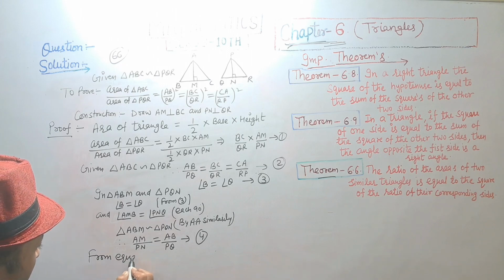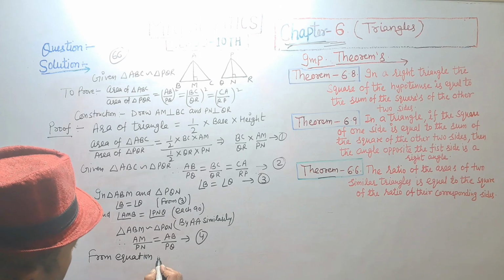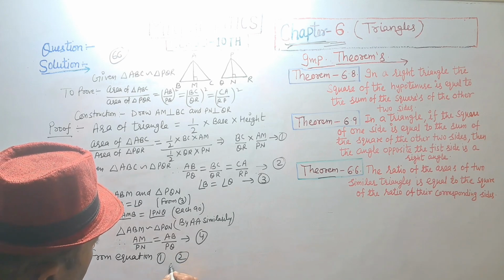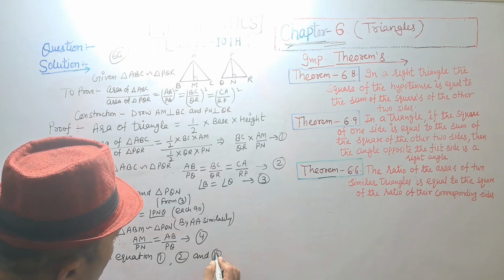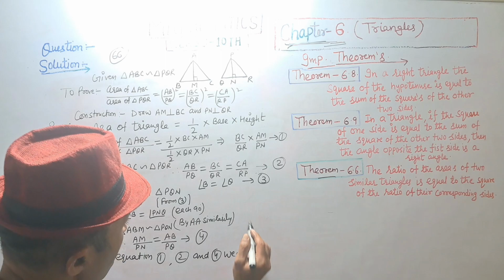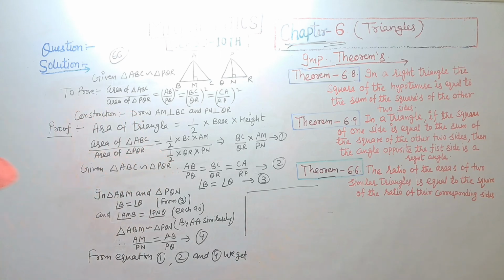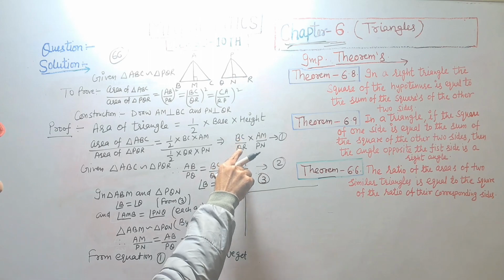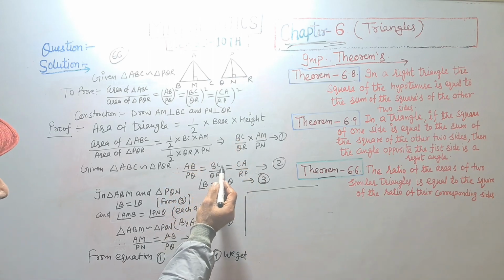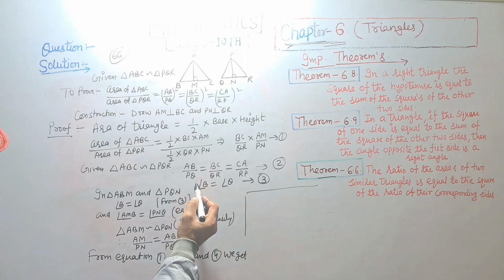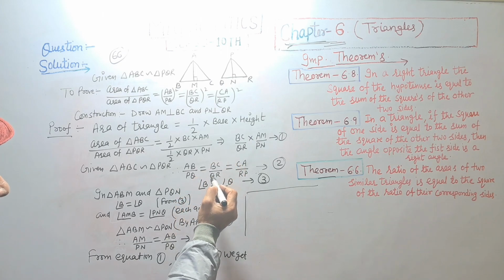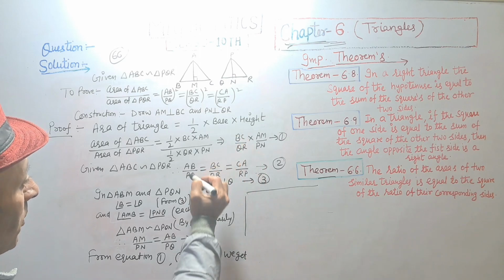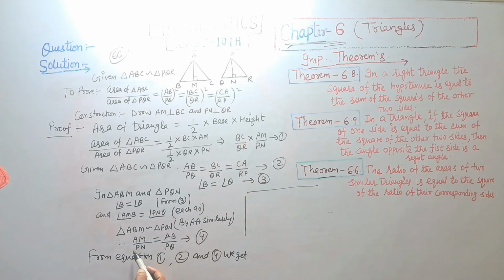From equation first, second and fourth, we get: AM upon PN is equal to AB upon PQ, and BC upon QR is equal to AB upon PQ.